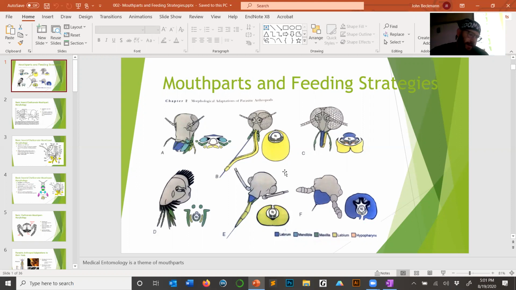Understanding the mouth parts is important for medical entomology, because how they acquire their blood meal dictates how they actually physically transmit pathogens. So understanding how the mouth parts work provides a lot of insight into how diseases are spread.